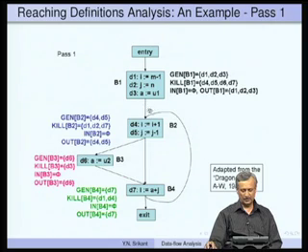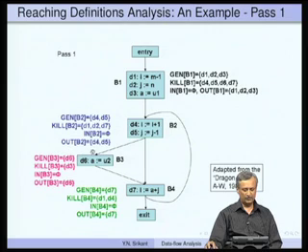So, these are the two non-empty sets which are coming along these two paths. So, we need to take the union of these two, because all the definitions which come here along this path also reach this point, all the definitions which come along this path also reach this particular point.